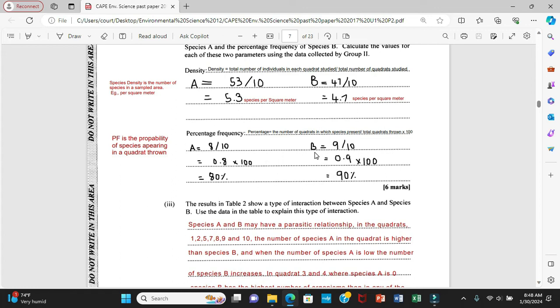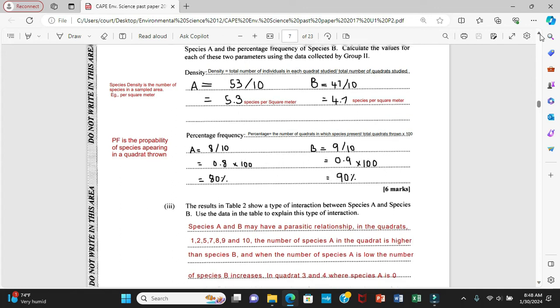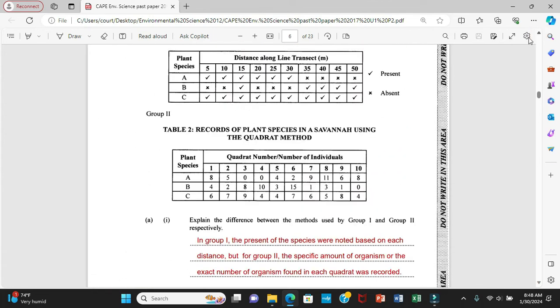It's not as abundant as species A, but it is so spread out in the ground that every time you throw the quadrat, you will more likely see it than species A. It's telling you that in some areas you will not see species A at all, while with species B, only in a few areas will you not see it.